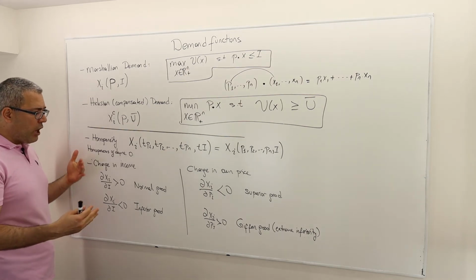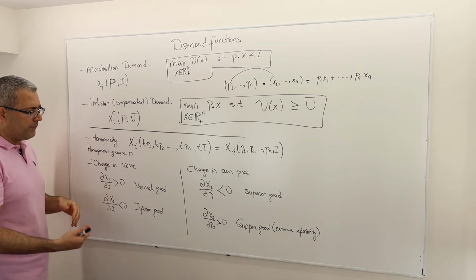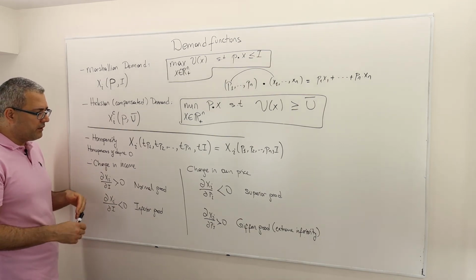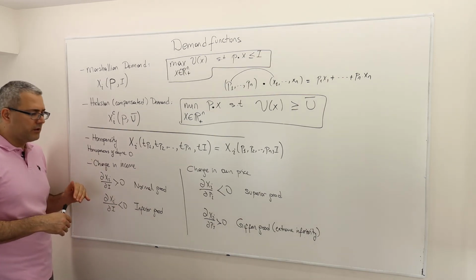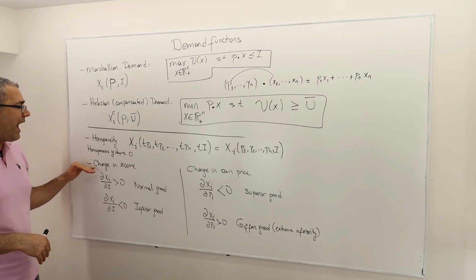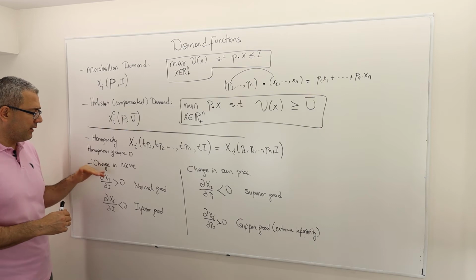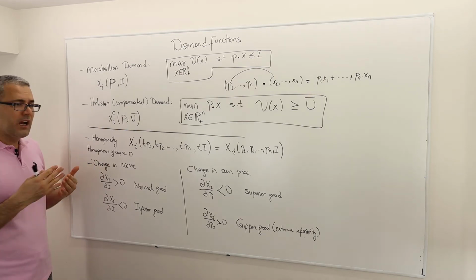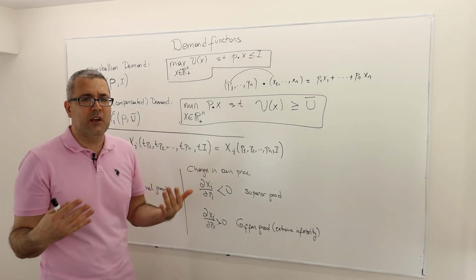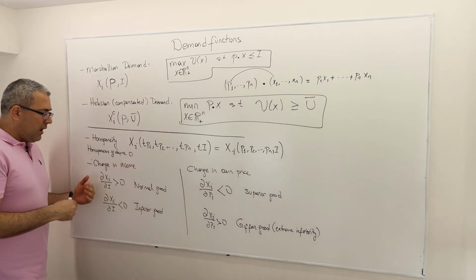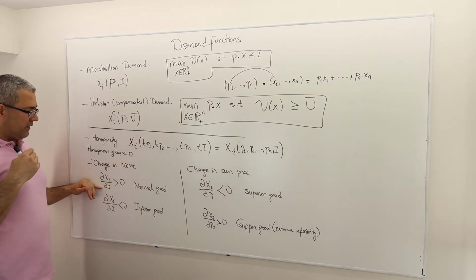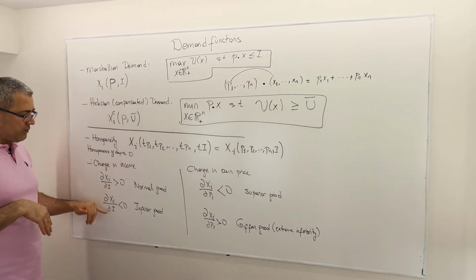You may know all this from principles or intermediate micro, but let me very quickly review. How does demand, again I'm talking about Marshallian demand, behave with income changes and with own price changes? As the income increases, the demand of a good may increase or decrease.